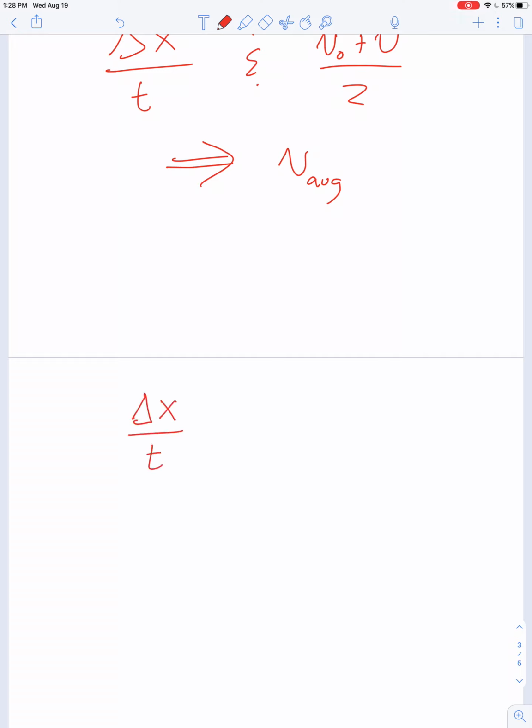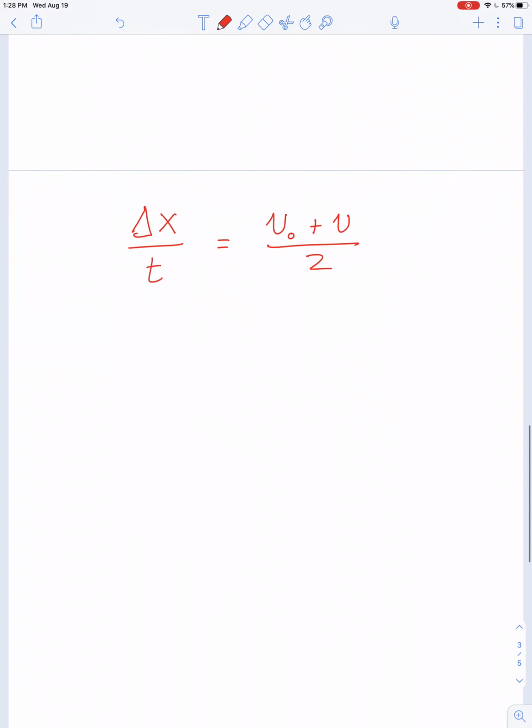If delta x over t and adding the initial velocity and final velocity divided by 2 are both ways of calculating average velocity, then I can set them equal, and I can do a little cross multiplying here. Let's just multiply both sides of this equation by t, and we end up with delta x is equal to, I can pull this divided by 2 out and say that's the same thing as 1/2. Put this in brackets. So this is 1/2 v naught plus v multiplied by t.